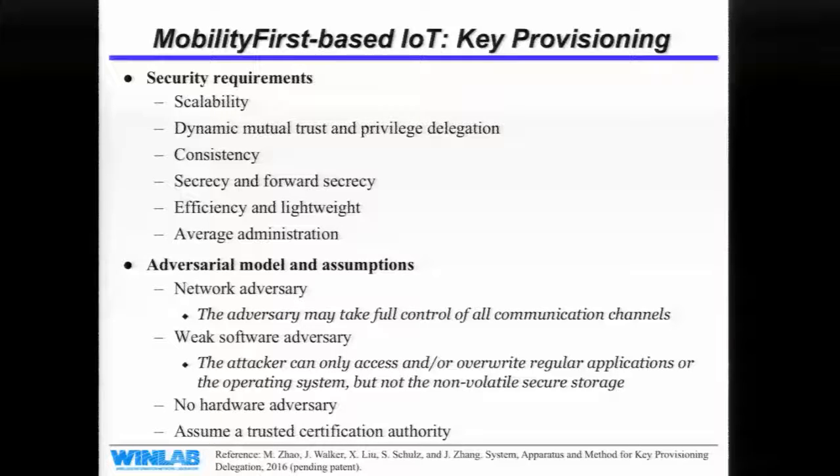We want to have secrecy and forward secrecy. That means the shared secret should be known only between the involved parties, and no third party should have information about this shared secret. Also, forward secrecy means even if a long-term membership key is compromised, all the previous communication sessions should not be in danger.